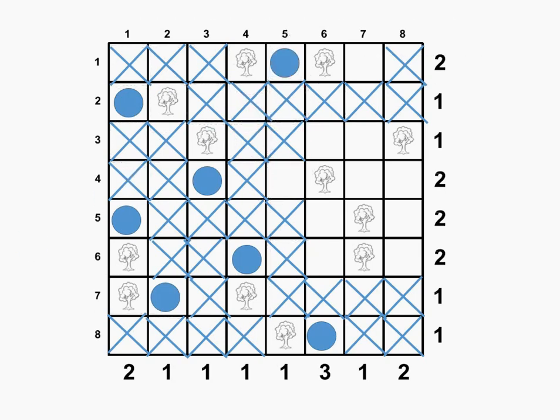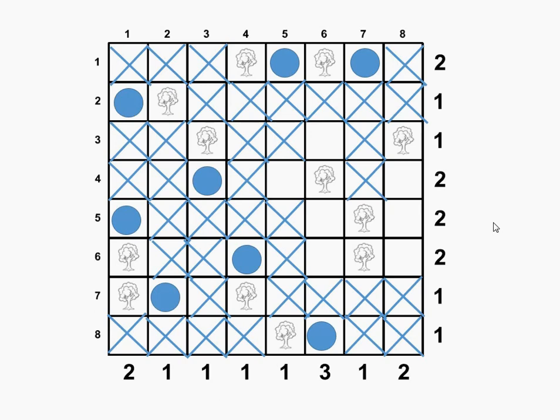Here is a tent, and here at this cell is a tent. Because the condition is to have one tent in column number 7, these two cells have to be empty, and this cell.